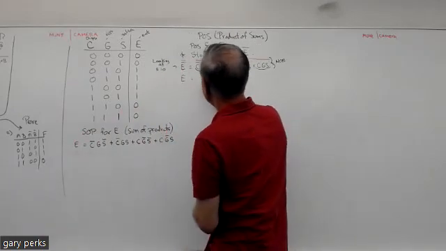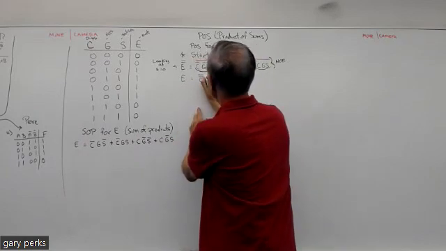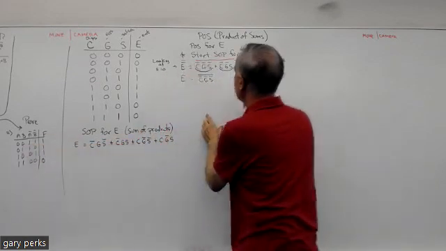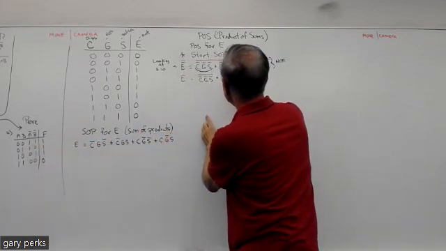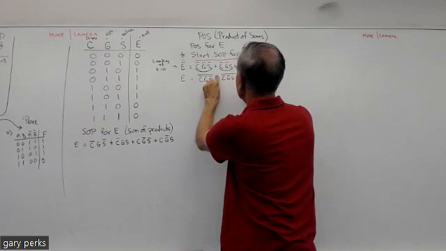I take this input here, invert the whole thing, right? Because I'm taking that input and inverting it. And I do the same thing for each of these. I take the combination, which is the input, invert the whole thing, and then I AND them.